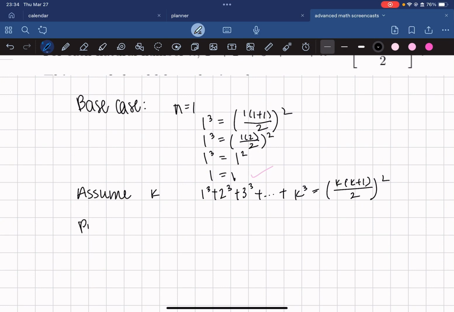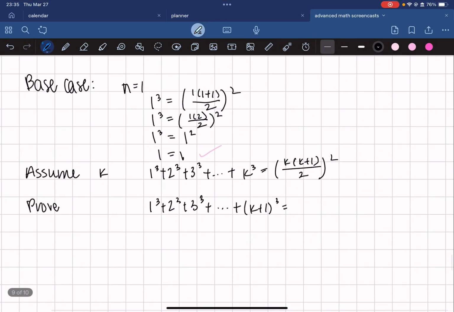And we're trying to prove that 1 cubed plus 2 cubed plus 3 cubed plus any amount of numbers plus k plus 1 cubed is equal to k plus 1 times k plus 2 all over 2 squared.